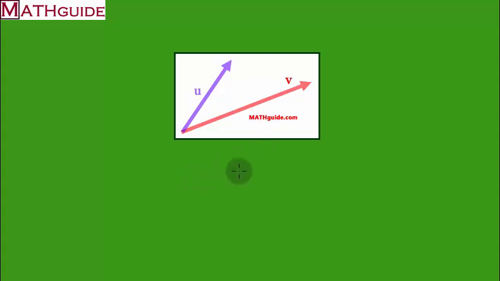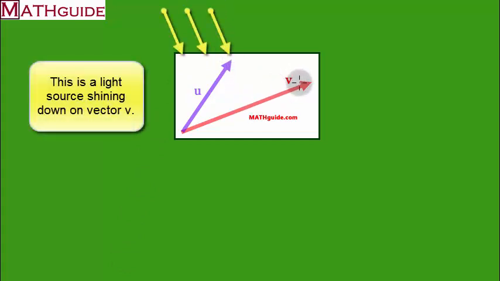When I find the projection, you have to imagine if you had a light up here and you're shining the light down on vector V. Imagine this light source far away is coming down perpendicular to vector V. So it's just shining down perpendicularly on vector V. What's going to happen is U is going to cast a shadow on top of vector V.